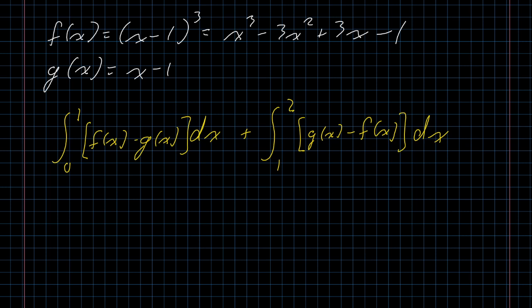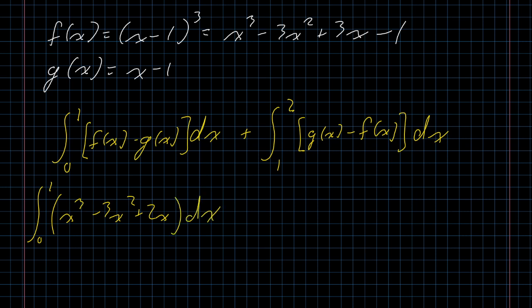All right, so when we take f of x minus g of x, it'll be x cubed minus 3x squared. Nothing will happen there. Then we have 3x minus x, which is plus 2x, and then we have minus 1 minus minus 1, which is 0.